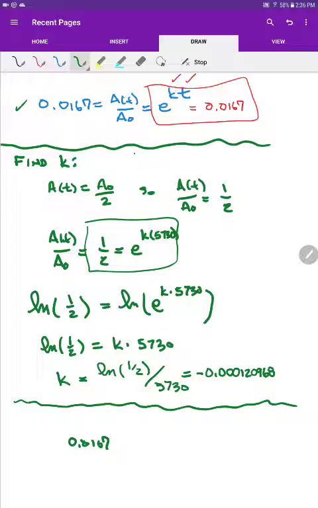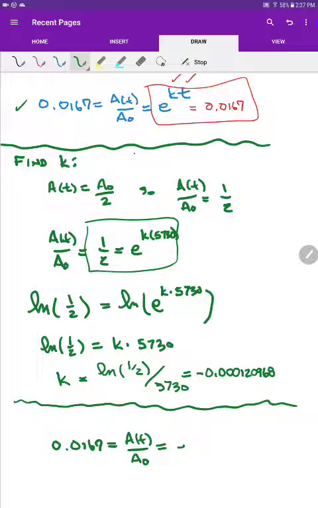And we're about out of time here, but I'll just finish this up really quick. 0.0167. Again, remember that was equal to A of t over A of 0.